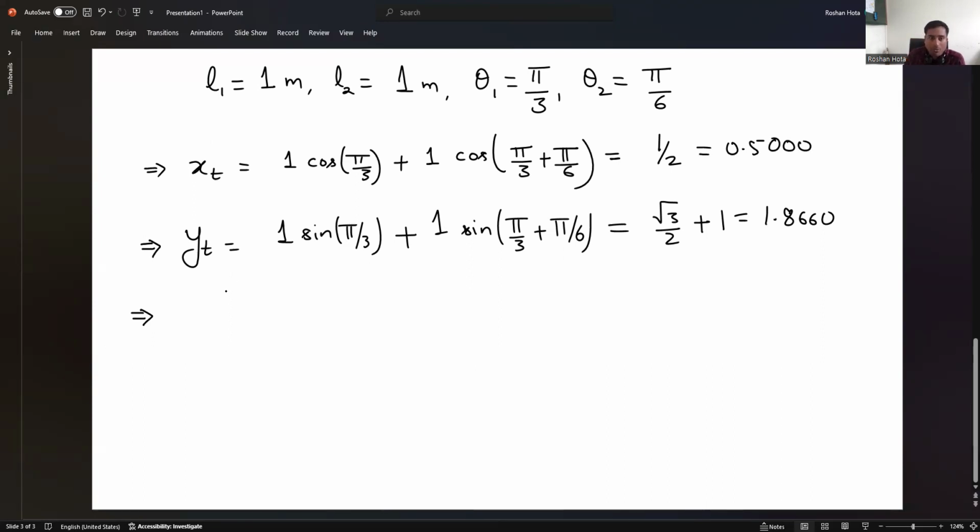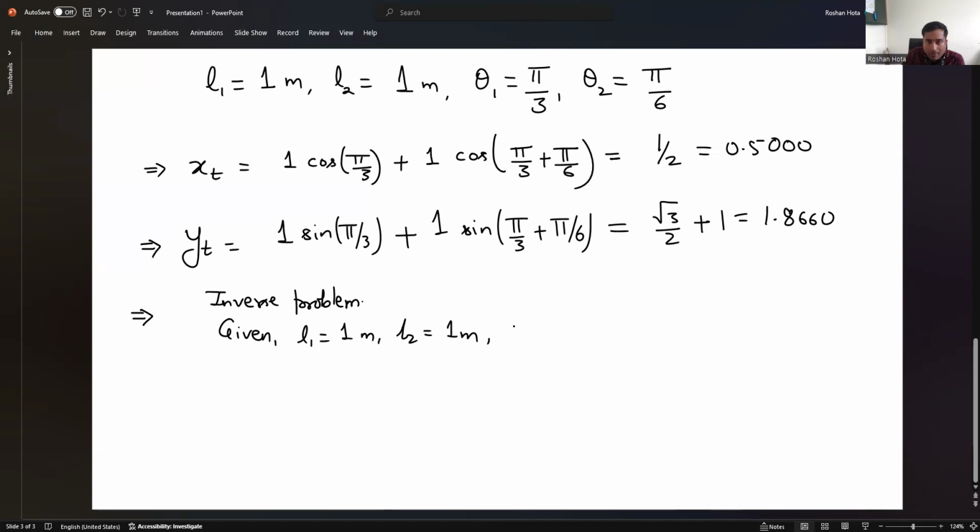Now let me pose the inverse problem. Given that L1 is equal to 1 meter, L2 is equal to 1 meter, these lengths are the design of the robots, so they do not change for different inverse and forward kinematics problems you want to solve.